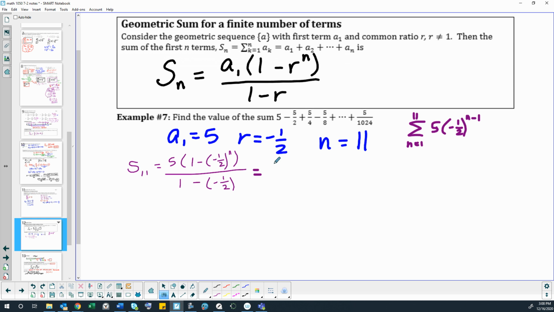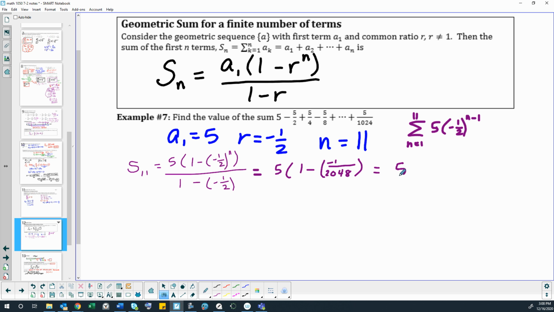Maybe you have a calculator that will help you with it. So we have 5 times 1 minus, and then -1/2 to the 11th power. Well, to the 10th power was 1 over 1024, so this one would be 1 over 2048. And because it's an odd power and a negative number, that's going to make that negative.